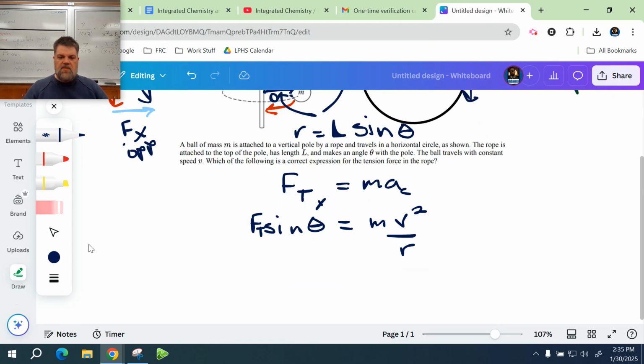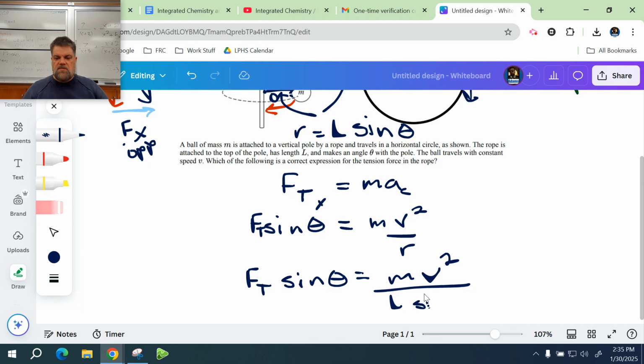So in the next step, I'm going to say that the tension times sine of theta, which is in the x direction, is equal to the mass of the object times the velocity squared all over L sine of theta.